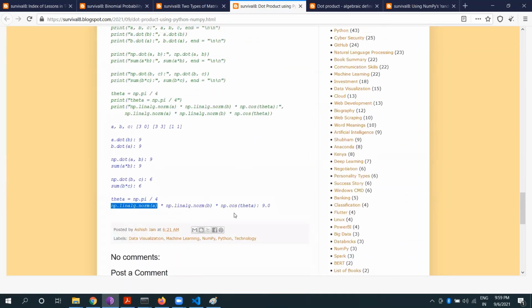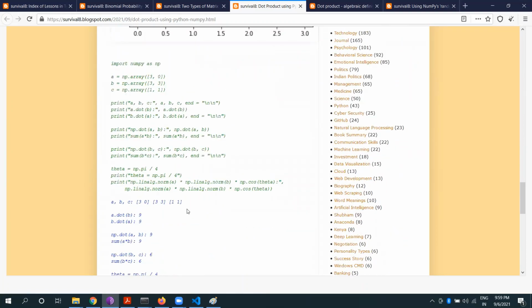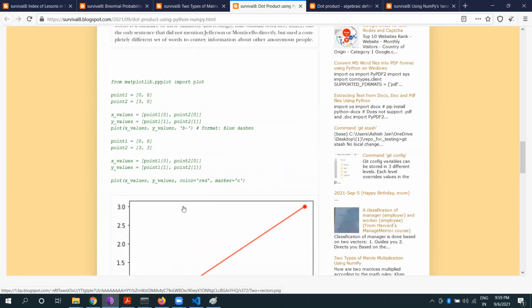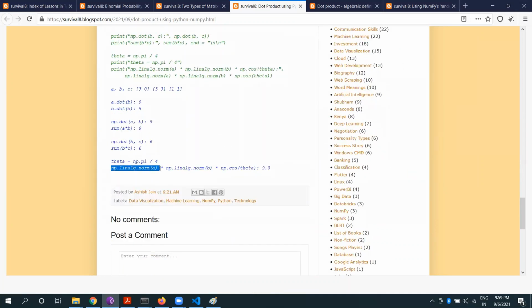So NumPy has a lot of constants. I would show there is a constant called pi, right? We can get that constant by np.pi. Np is the NumPy package. We were seeing over here modulus of a, modulus of b, and then cos theta.